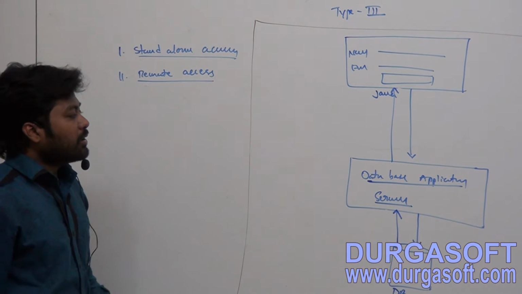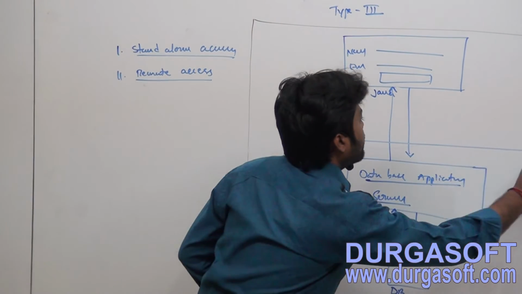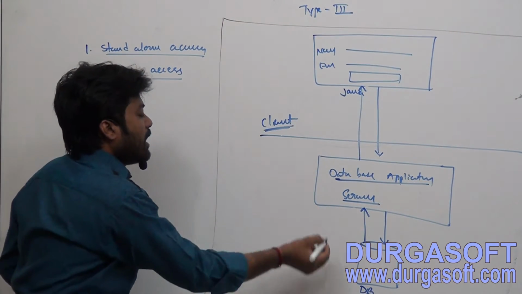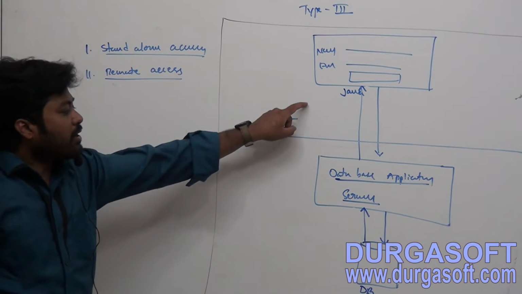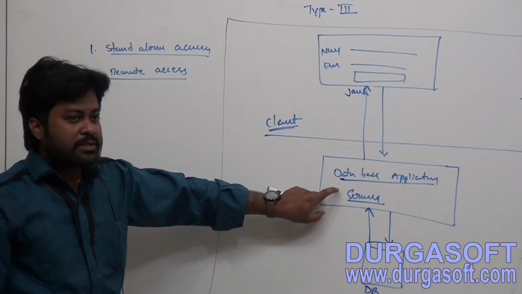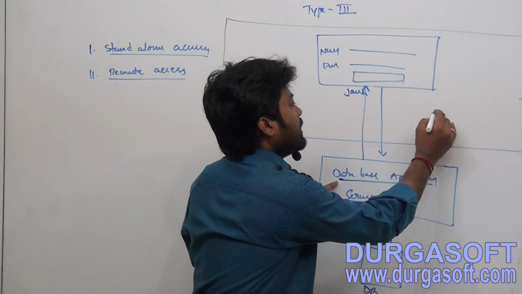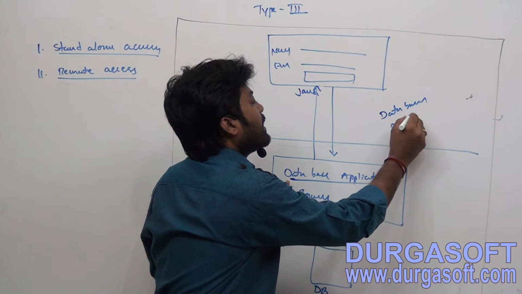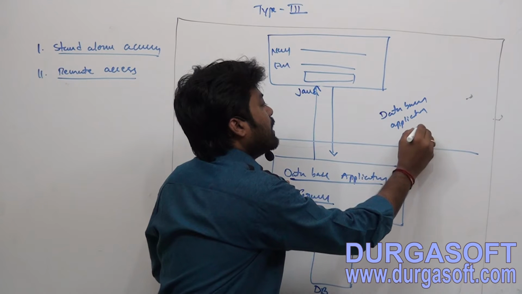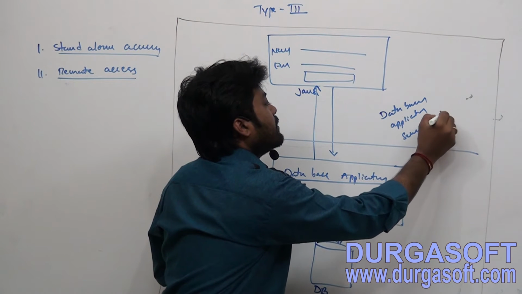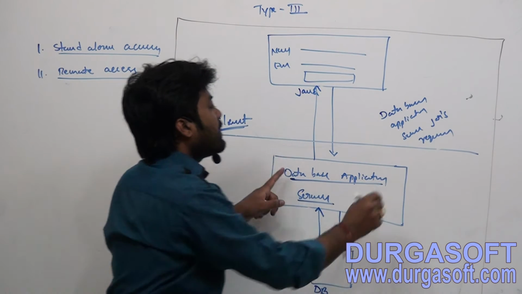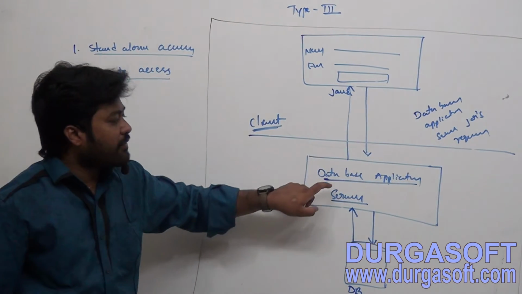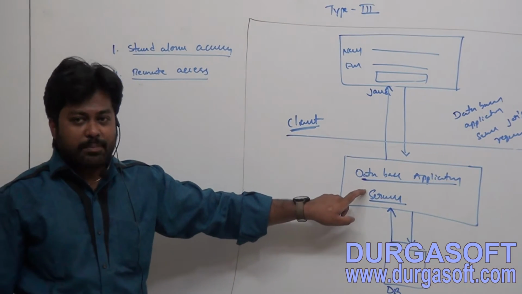So what is required from the client side, and what is required from the server side? To make calls to this database application server, the client requires the application server specific jars. Your client requires database application server jars. Then by using those jars, it can access the functions of the database application server.